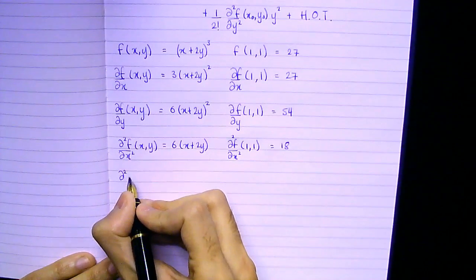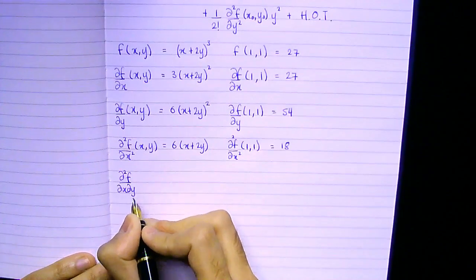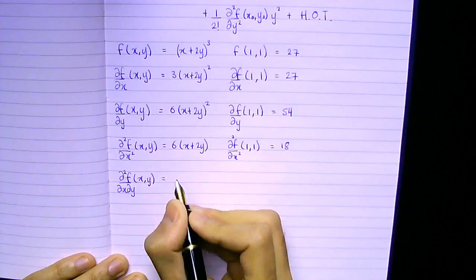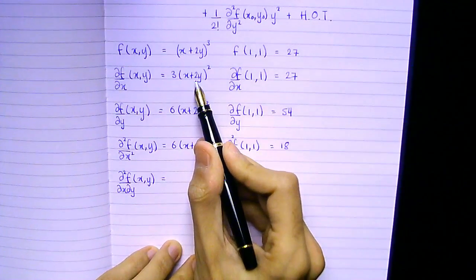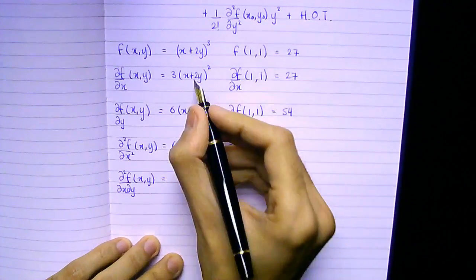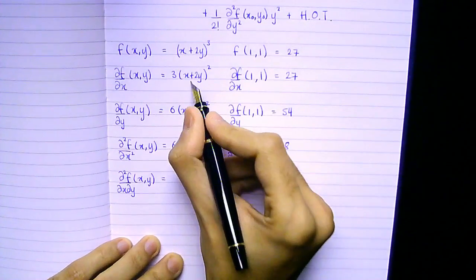And if I take the mixed derivative term, I'm either differentiating this one with respect to x or this one with respect to y. It makes no difference which one I do. Okay, so let's take this one for example and differentiate this with respect to y.